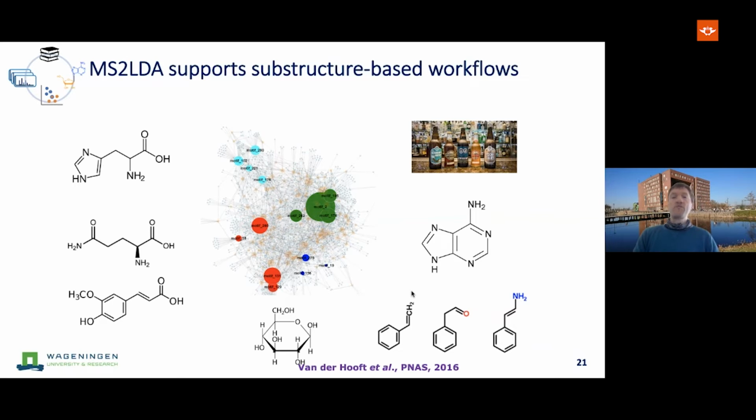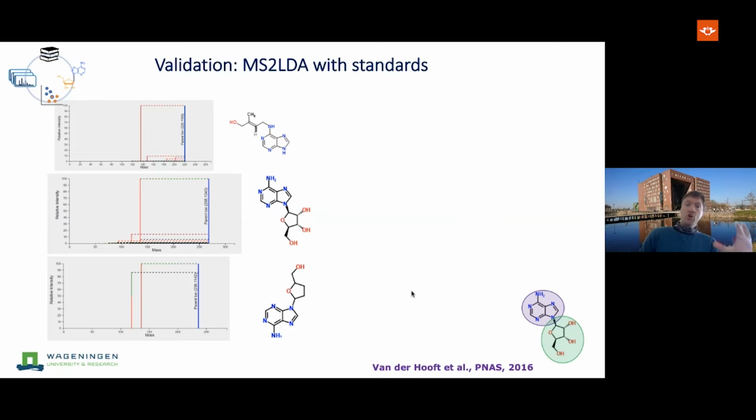We took some Scottish ales, and I was able to find a range of amino acid related, sugar related, and aromatic substructures, as presented on the slide. We also validated with standards, because back then there were 5,000 GPS standard spectra available and 2,000 mass spec, and we took them and validated it.